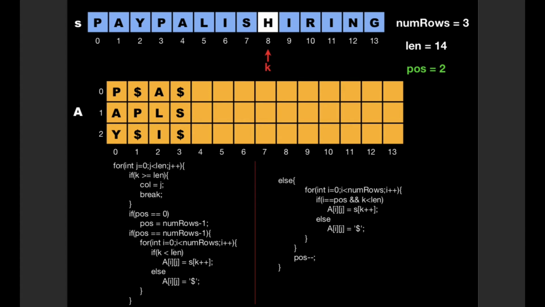And since the value of k here does not exceed length, we keep on copying the characters H, I and R into the array A, and again decrement the value of position. Now the value of position is 1.